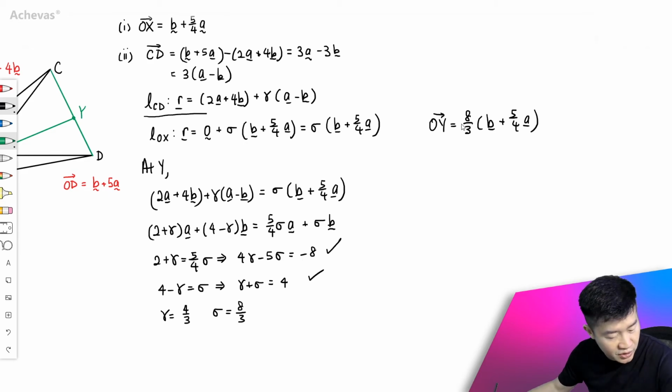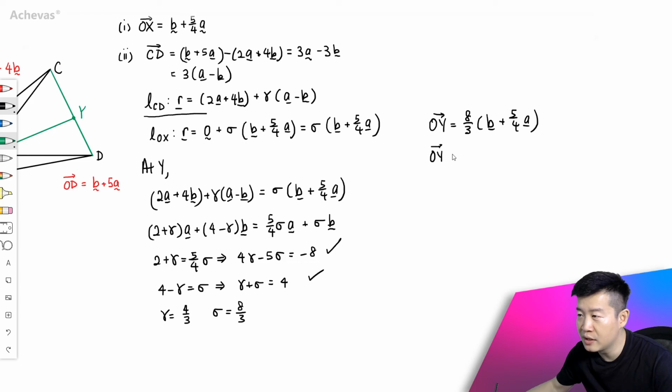So this is the position vector of Y, and we are supposed to find the ratio of OX to OY. And what we realize is that this is actually just OX. From the first part, we know this is OX. Which means that OY is just going to be 8 over 3 of OX.